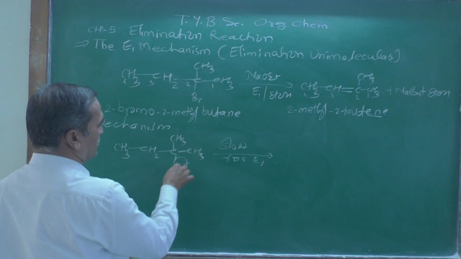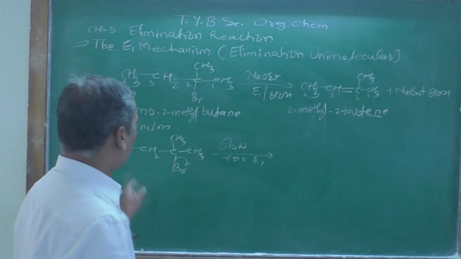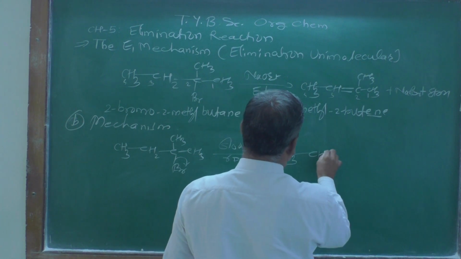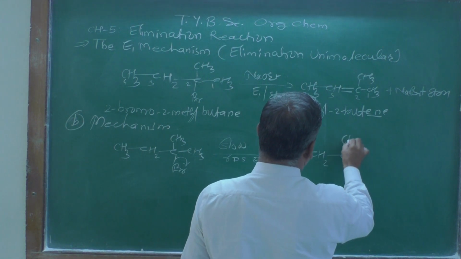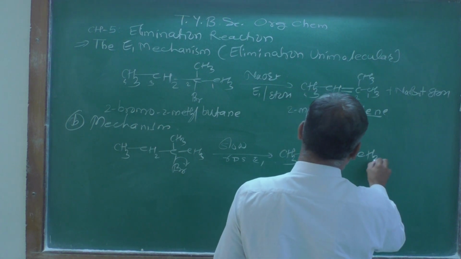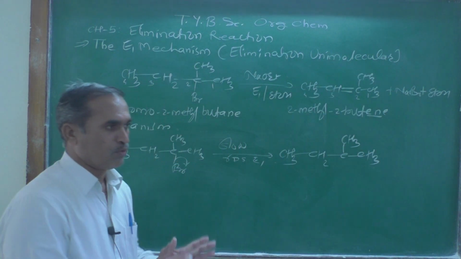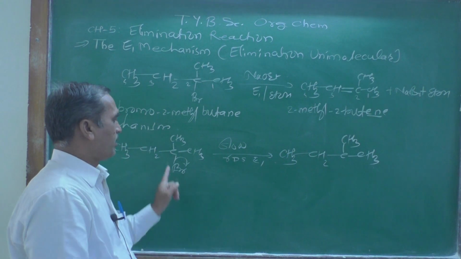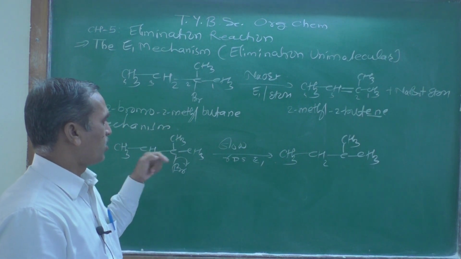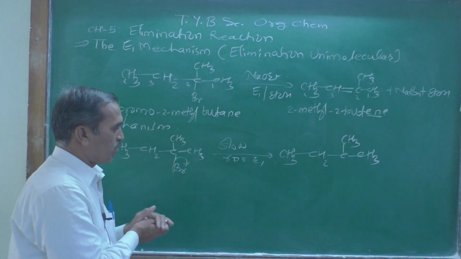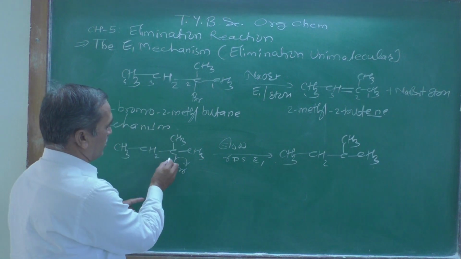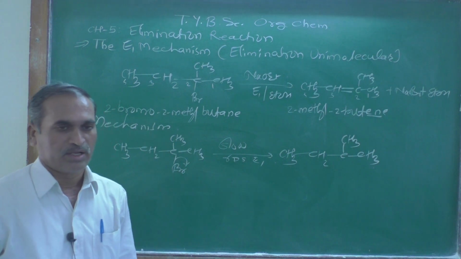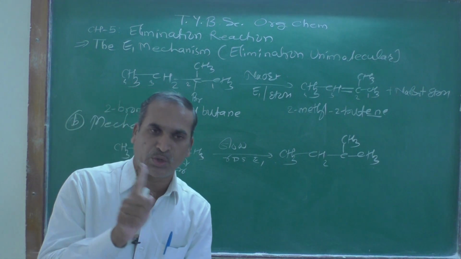First takes place the departure of the leaving group. When the leaving group departs, leaving its bonding pair behind, this bond between C alpha and Br is broken heterolytically.